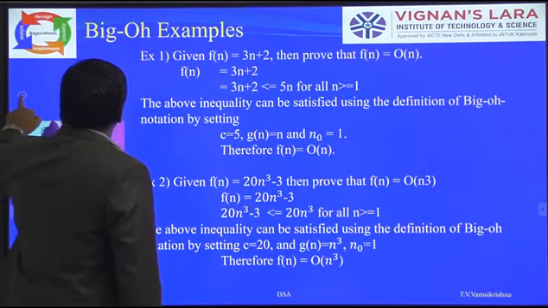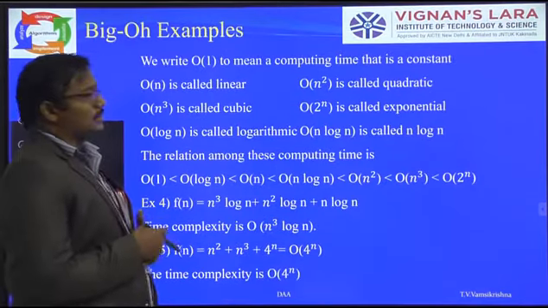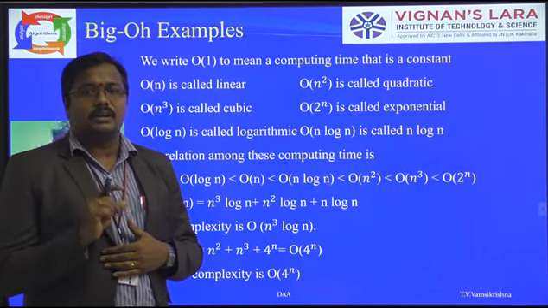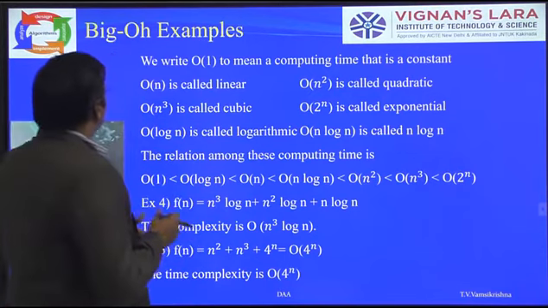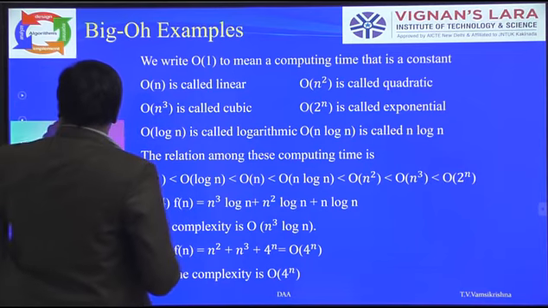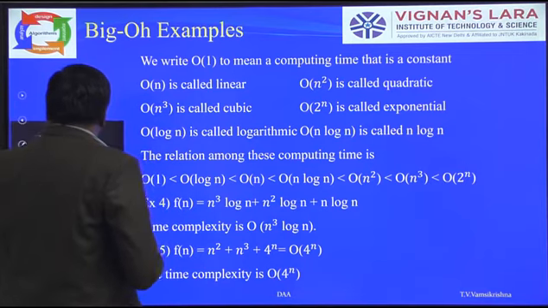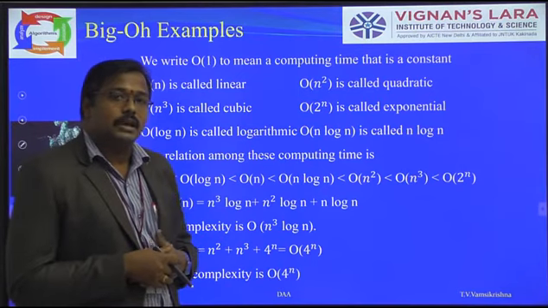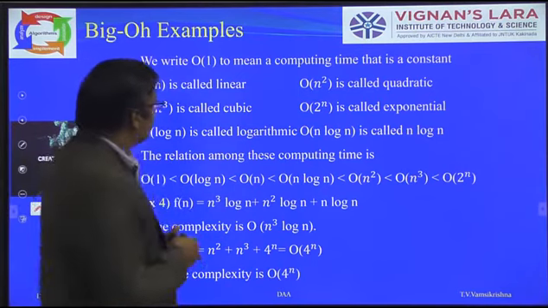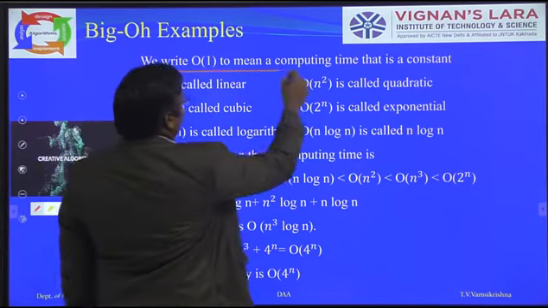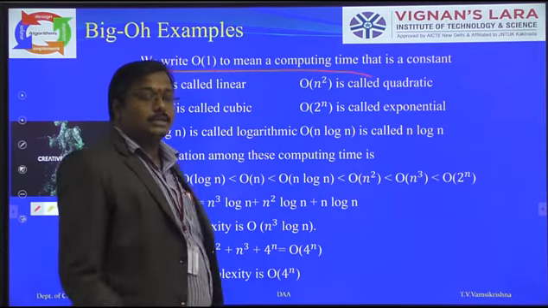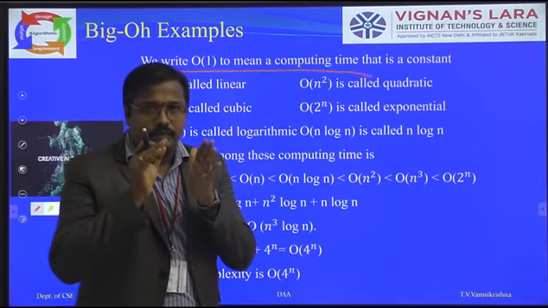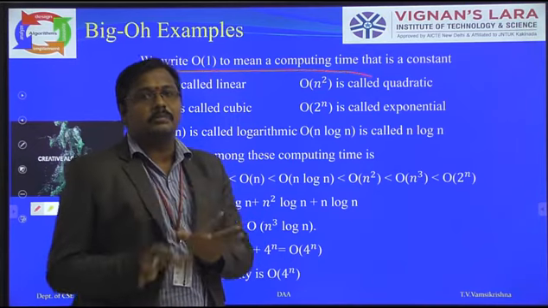Next, just a sample example related to big O. Okay, this is called sometimes the practical complexities or order statistics. So we are talking about big O of 1. Computing time is a constant amount of time. That is very less, that is the minimum.